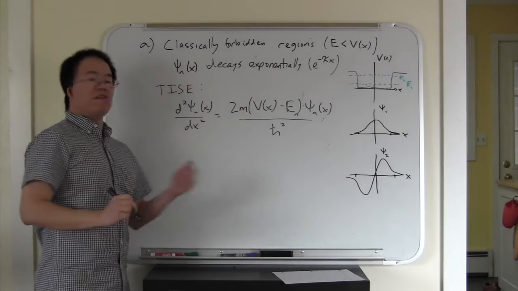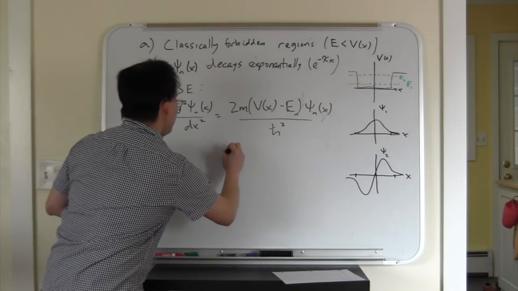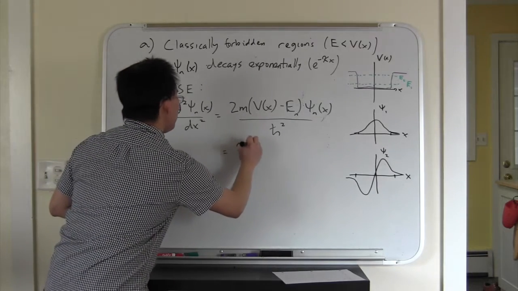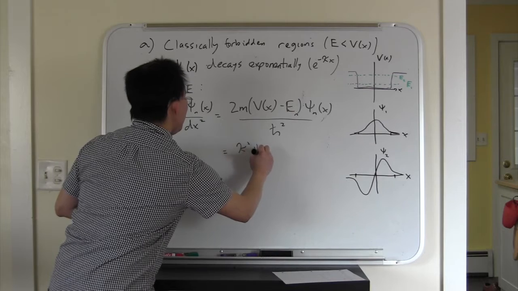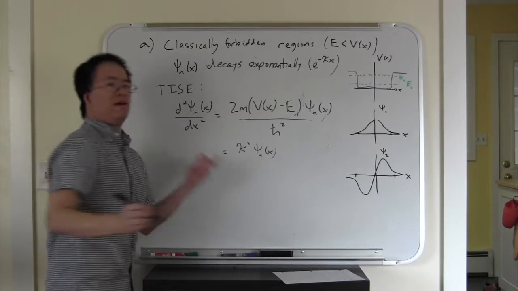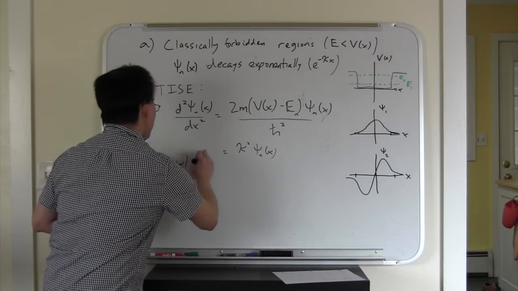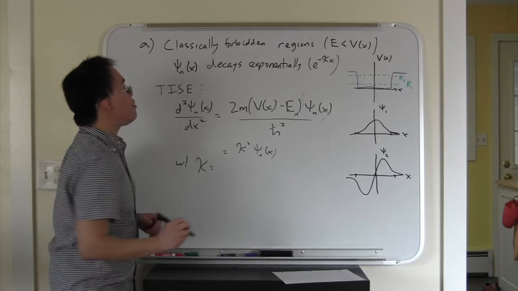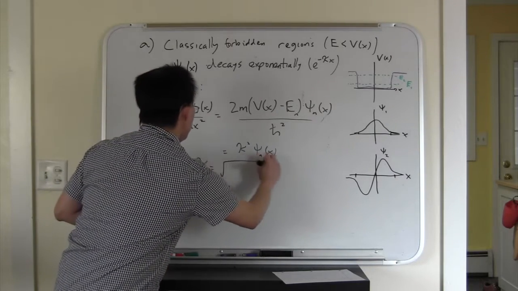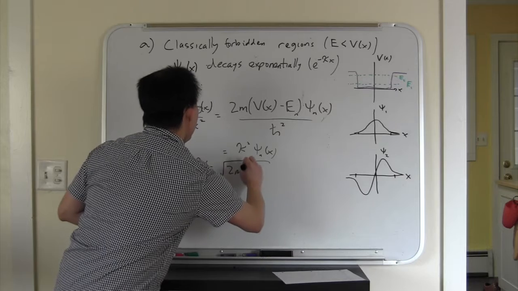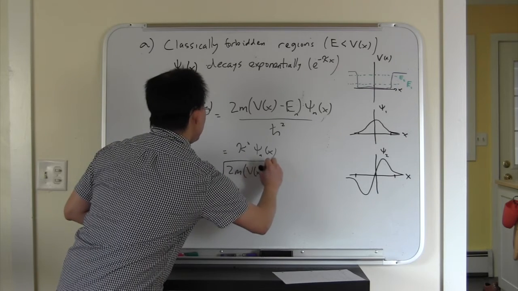And so this goes like kappa squared psi n of x, with kappa equaling root 2m (V minus E) over h bar.